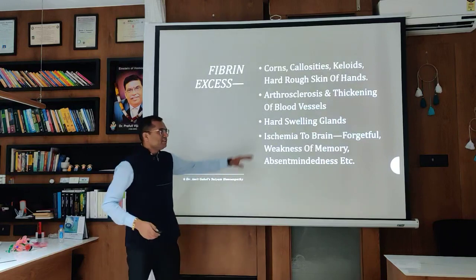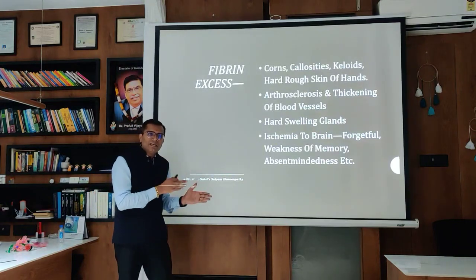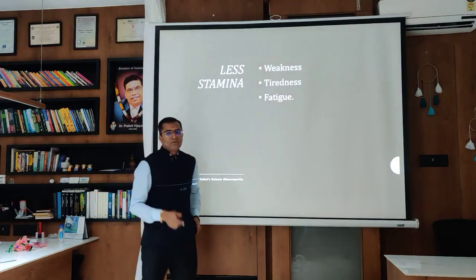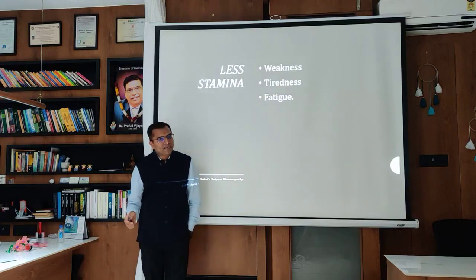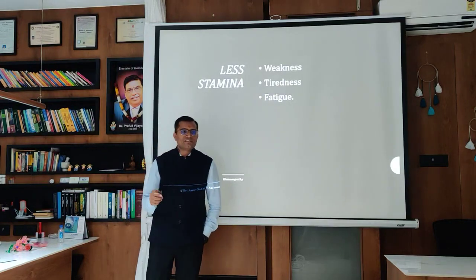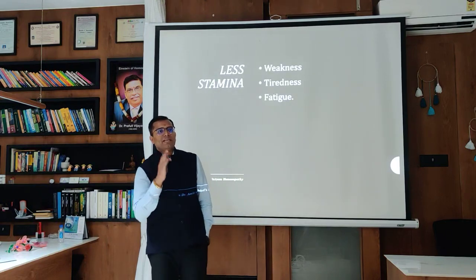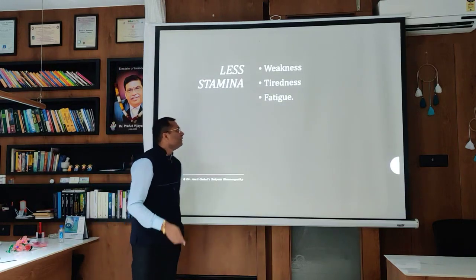Why this ischemia of the brain? It happens in both ways, either in an elastin deficiency or in a fibrin excess. So what happens ultimately? The cells get less stamina. So the cells have weakness, tiredness, and fatigue. So most of the time every cellular function has these three components as a carbon.